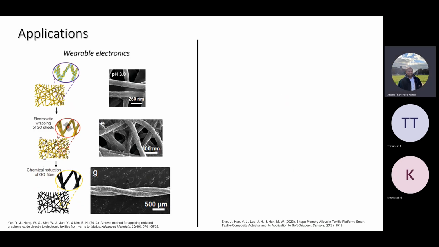Let's go with applications. I've looked into the literature to point out some applications of textile composites here. We have wearable electronics, which is gaining a lot of popularity these days. In this work, they have used a graphene-based textile composite to come up with a wearable electronic device.